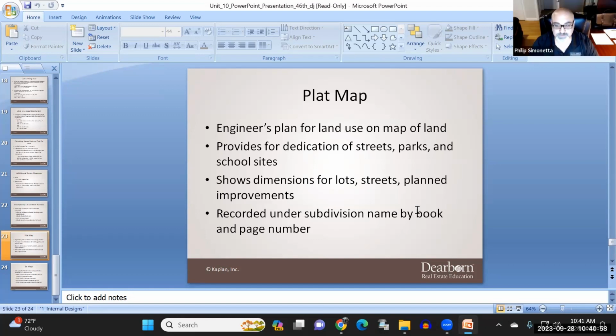So dedication would be the streets, the parks, school sites, like the lakes. They can dedicate all that if they want to.